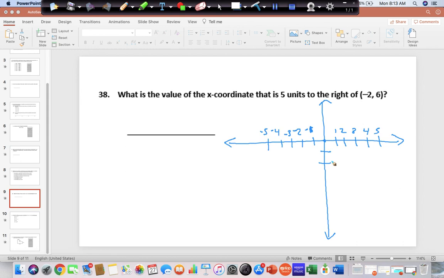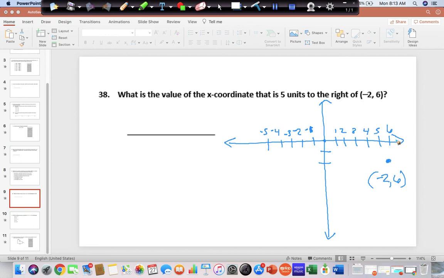Okay, so if we are at negative 2, positive 6, 5 units to the right, I'm going to have to draw more. I did not draw this accurately. Okay, so I mean, it's accurate, but I needed to draw further over here, so I should have scooted my whole coordinate plane over. Goodness gracious. Okay, so this is negative 2, positive 6.